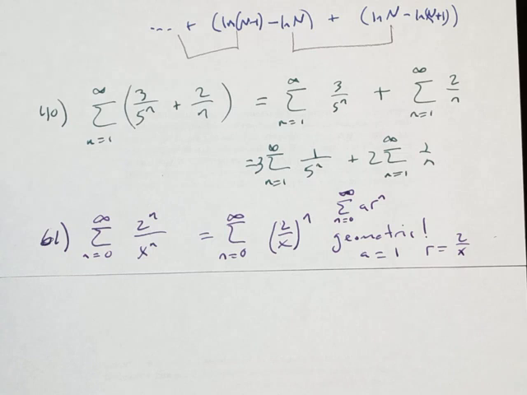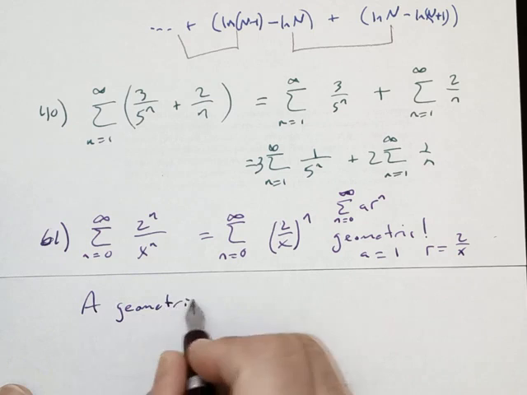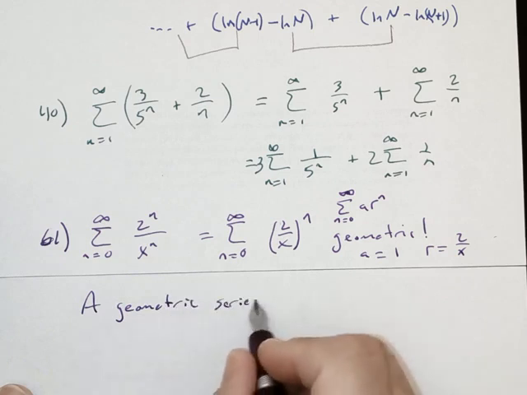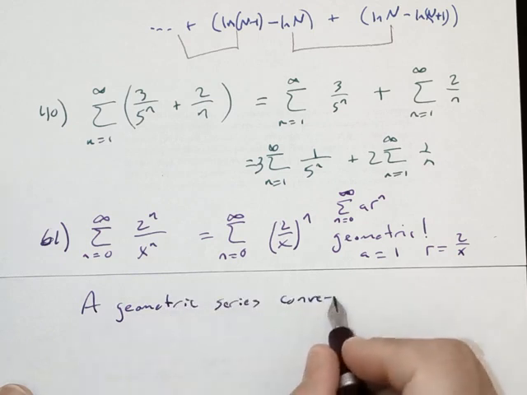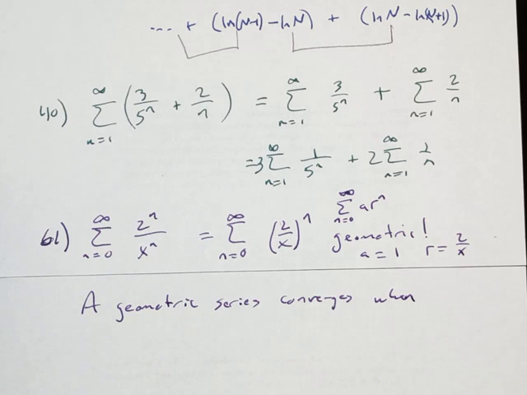We had a property about R. Almost. It's less than 1 in absolute value.